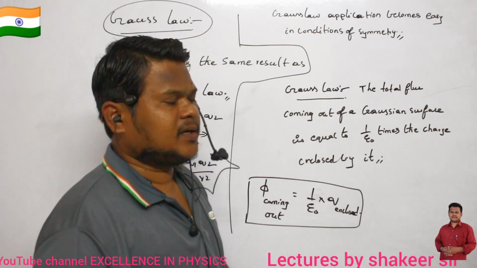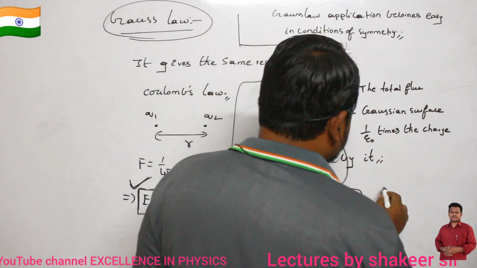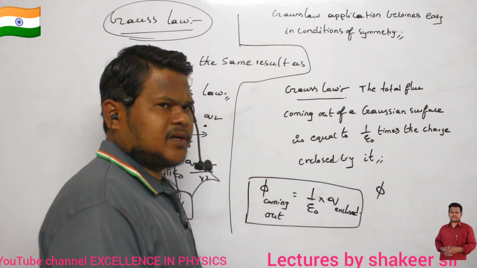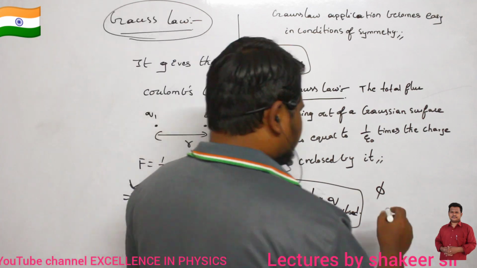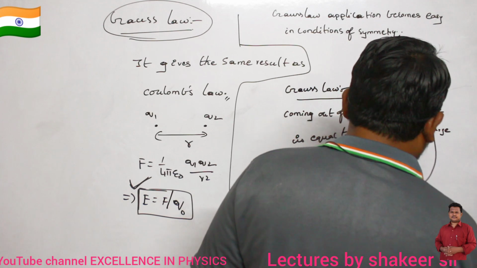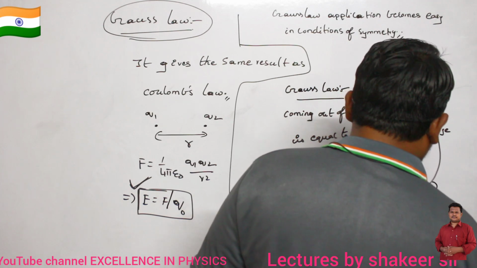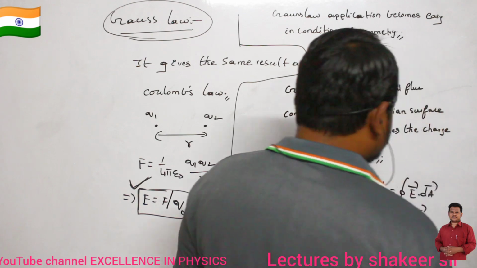This is Gauss law. Previously we have already studied one equation for flux. Flux coming out of a surface is phi equals closed integration of E dot dA, or I can write closed integration of E dot dS. This we studied in the last class.